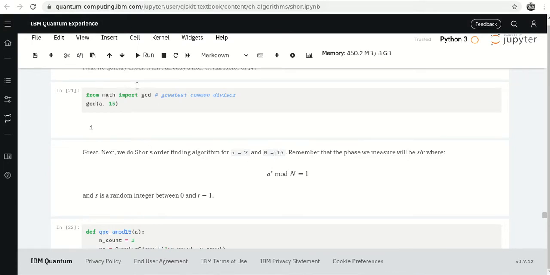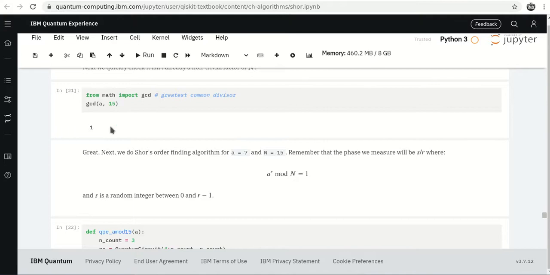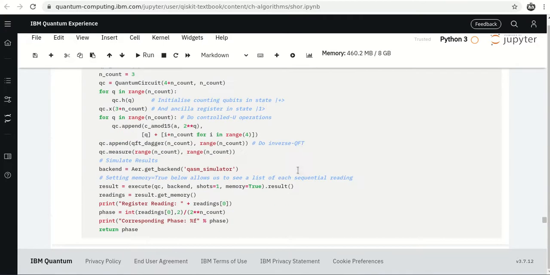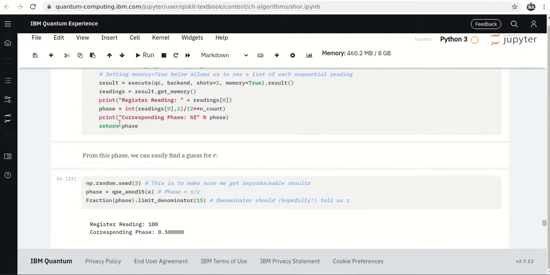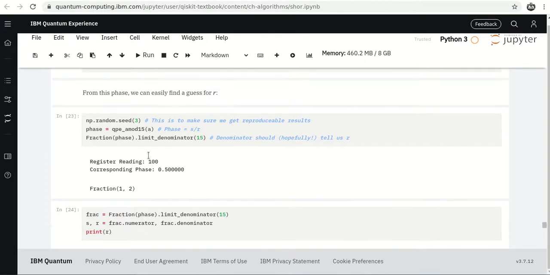So this is the random guess of a, as we discussed. In this algorithm, we pick an a, and now we get a equals 7, and now we are supposed to find r. This is the whole circuit. Okay, and then we get the reading phases 0 1 0 0 and the probability is 0.5.